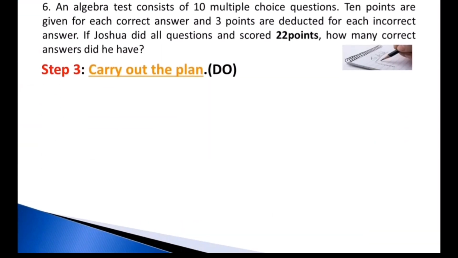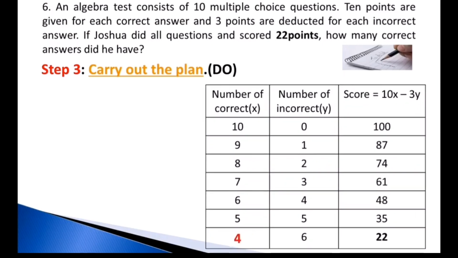Okay, so to carry out the plan, of course, we're going to use the table. So how can we formulate the score in each row? Since the requirement is that we answer all 10 items, assuming that in all items you get all correct, 10 is the number of correct and 0 is the number of incorrect. So 10 times 10 is 100, minus 3 times 0 is 0, so 100 minus 0 is 100.